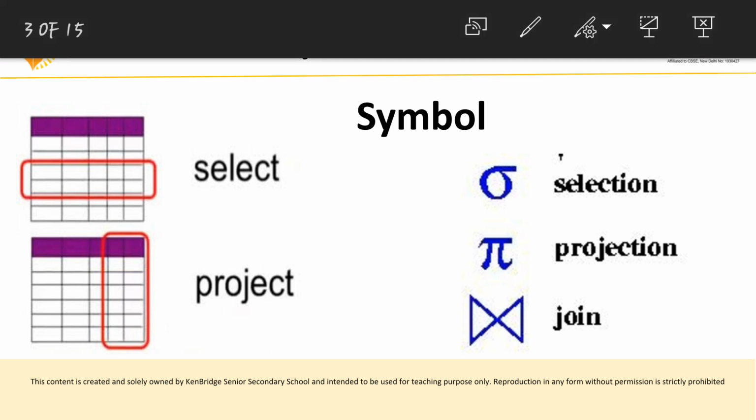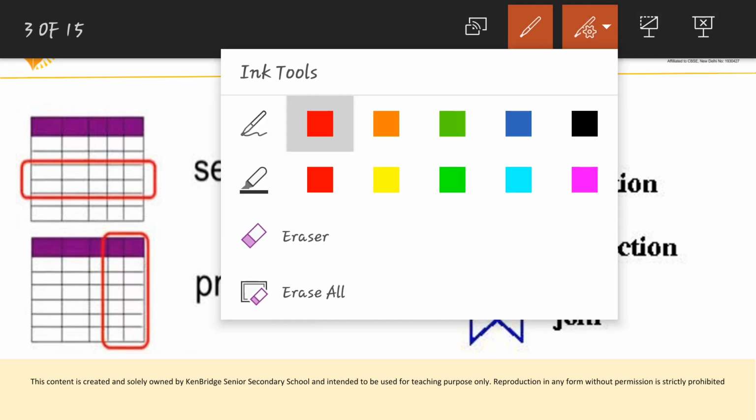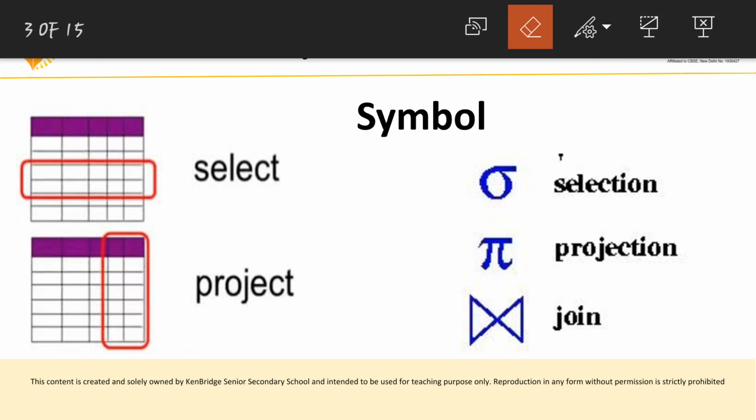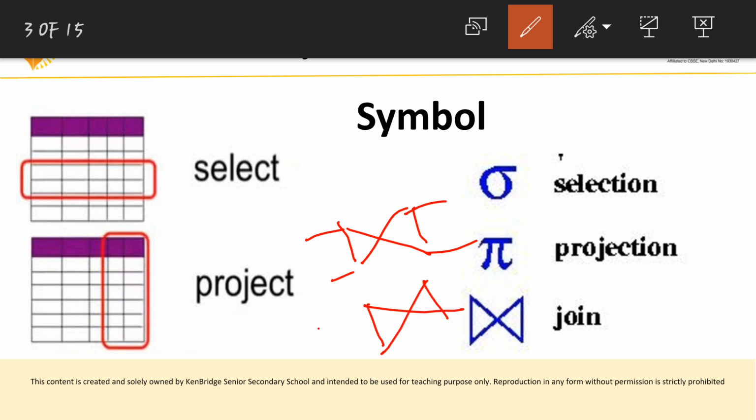One more thing I'll show you now. If it is a left outer join, you use the same join symbol. If it is a full outer join, you draw it on both sides. If it is a left outer join, then you join the left side alone.